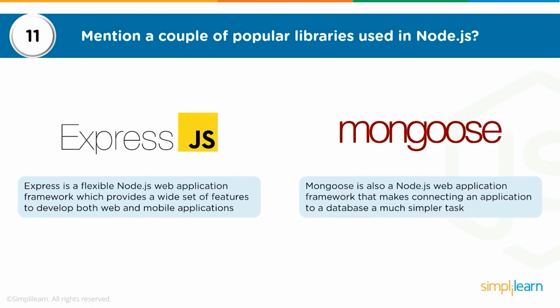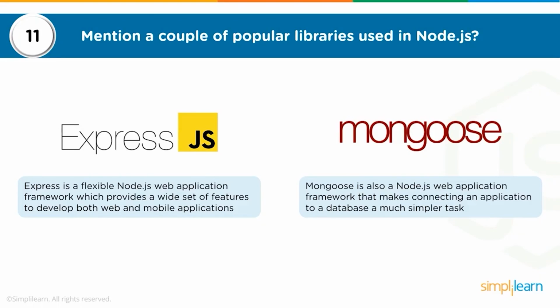Mongoose is an application that makes connecting to a Mongo database really easy. So here is an example of Express.js, which is in itself a really flexible solution that you can do lots with, and Mongoose, which is a more focused solution that makes it easier to connect to your databases.